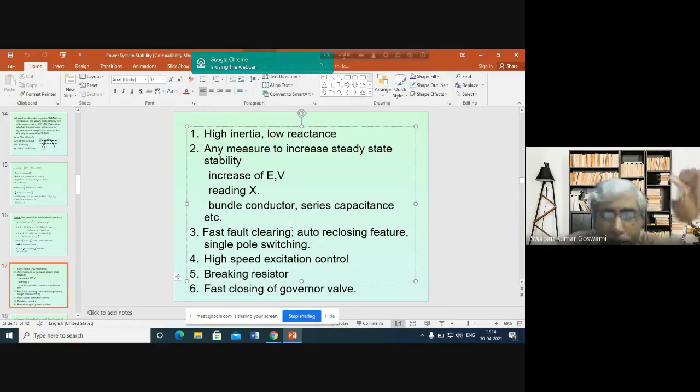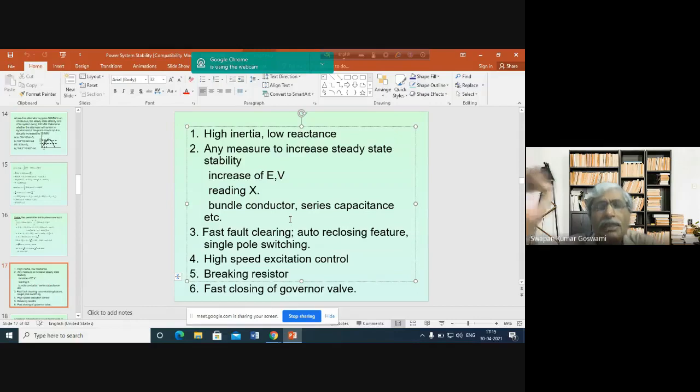For each fault there is a critical clearing angle. If you clear the fault, that means remove the faulty part from the healthy part of the power system, before that critical angle is reached, then it will be possible to maintain synchronism. It will be possible to maintain the transient stability of the power system.